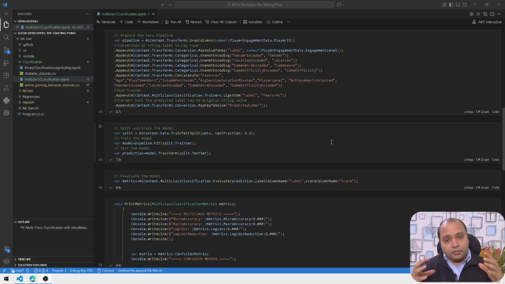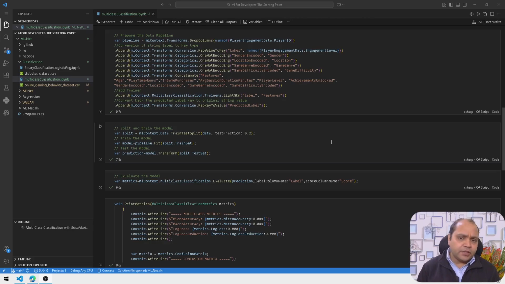If the range in your numeric columns is very low and very high, there is a deviation in the range, then use scaling. So you can use scaling on those columns. These are the things you can do for the pipeline when you prepare it.